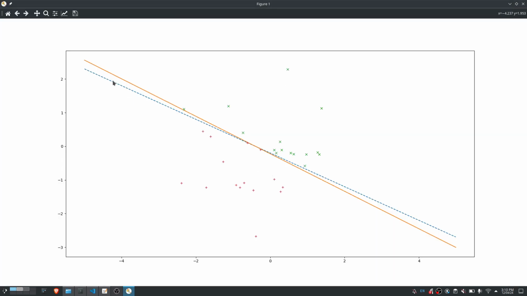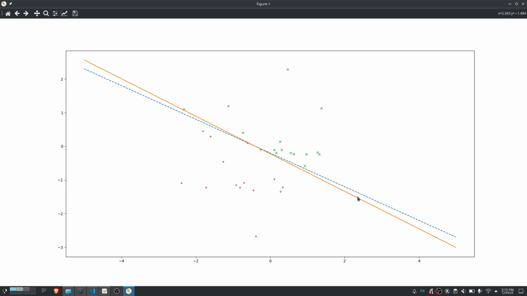So recall that the dashed line represents the ground truth, and by solving this particular optimization problem, I got this continuous straight line. Okay, the solid line represents the solution from the given optimization problem.